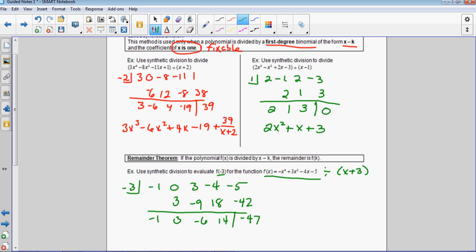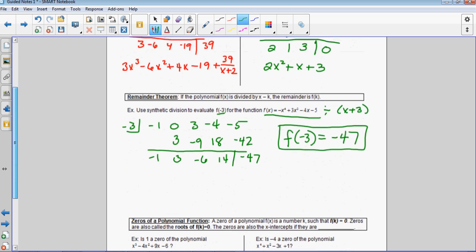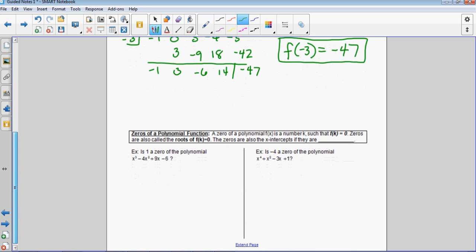So the answer to f of -3 is the remainder, -47. Okay, moving on. A zero of a polynomial function f of x is a number k such that f of k equals 0. They're also called the roots, and the zeros are the x-intercepts when they are real.